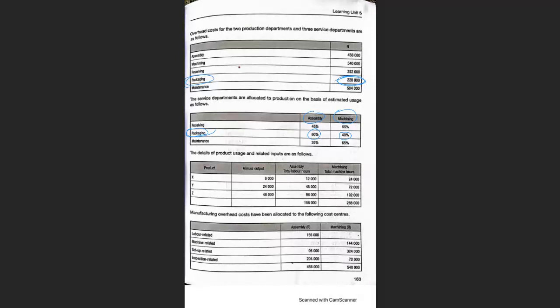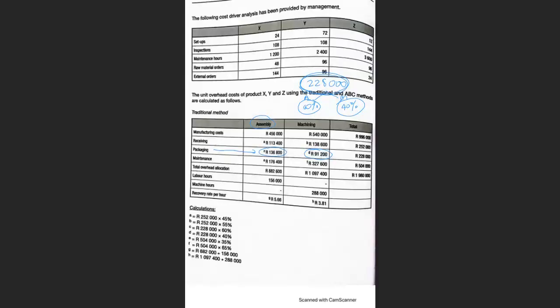The cost of the maintenance department is 504,000. 35% is going to assembling, 65% is going to the machining department. So here, again, you're going to split the amount.